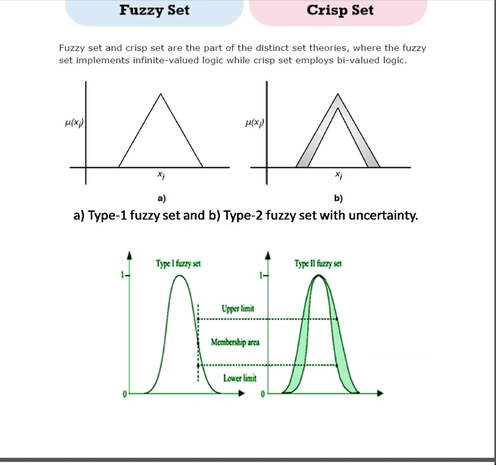So in the case of a type 1 fuzzy set, you get one single point, whereas here you get two different points in the same situation. This is the uncertainty that exists between type 1 and type 2.